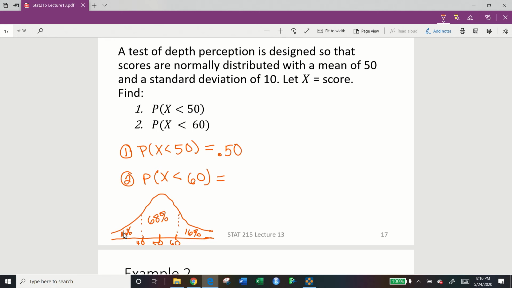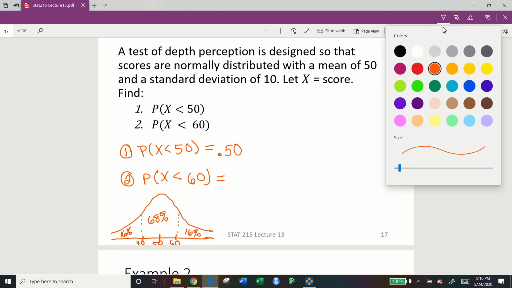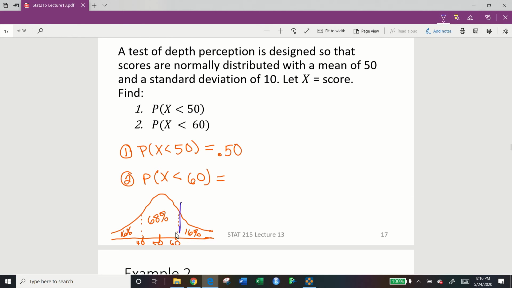Now this just becomes an addition problem, since we want to know the probability of x being less than 60. And that's this point here. So less than 60, we're just going to add up everything that's less than 60.